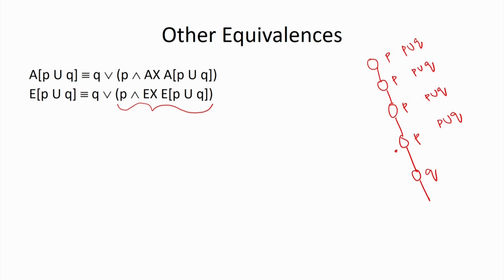Okay. Now, what is this particular component Q? If P is true and there exists a path in the next state where P until Q is true, then we say that P until Q is true at that particular point.